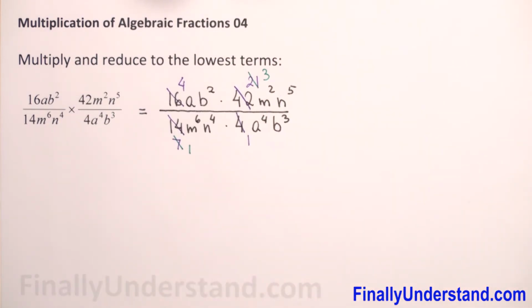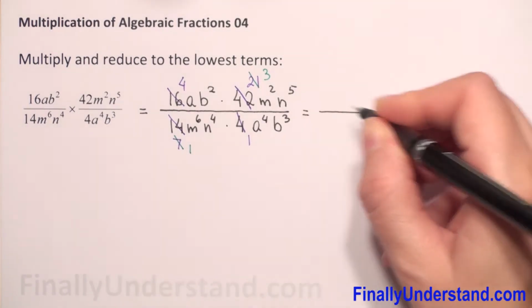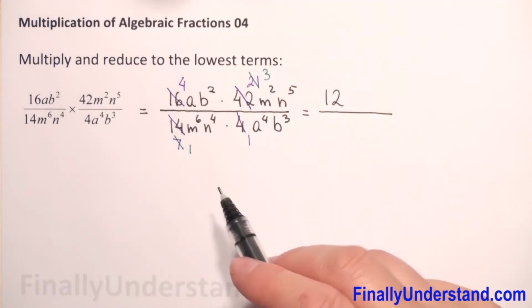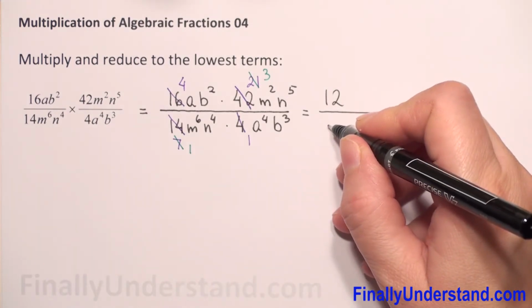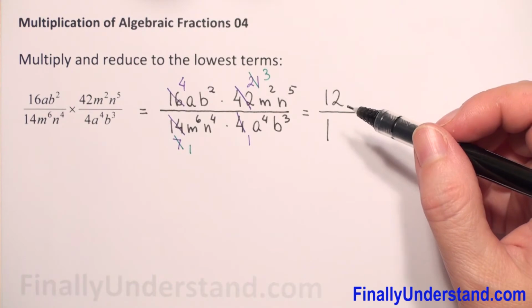So 4 times 3 is 12, and in the denominator 1 times 1 is 1. We don't have to put 1, but at the beginning let me put it. And next we have to put variables in alphabetical order.